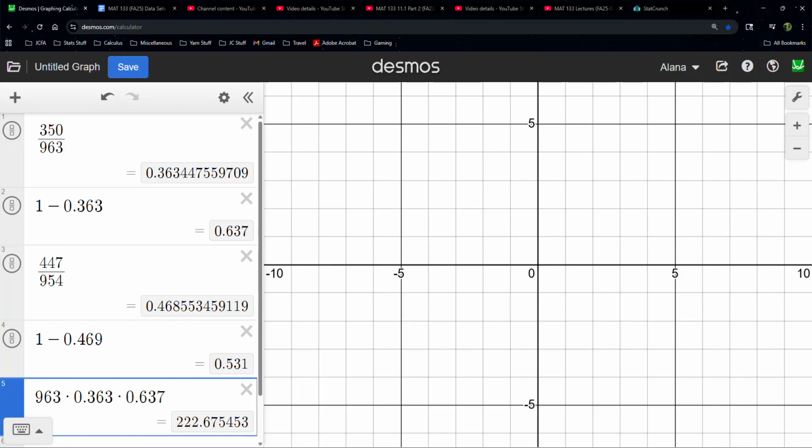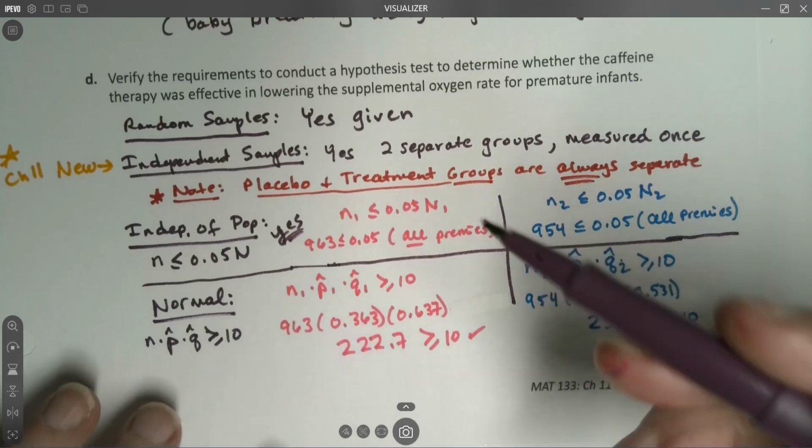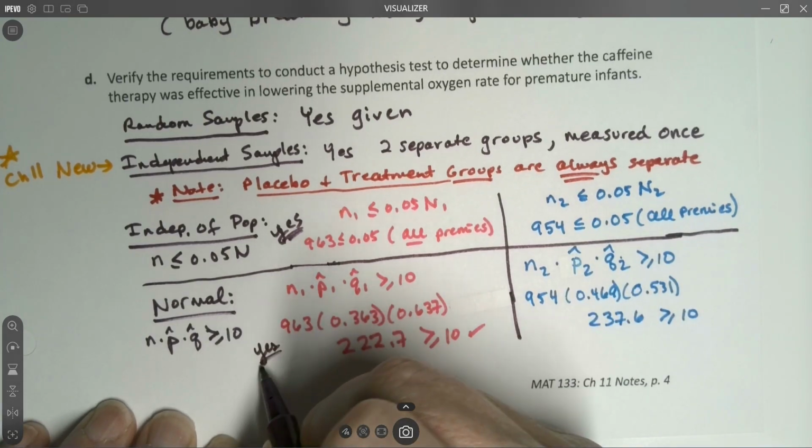Let me go back to Desmos. 954 times 0.469 times 0.531, and we get 237.6. Well, 237.6 is indeed greater than or equal to 10, so we're good. We have verified all requirements. So this is a yes for everything.